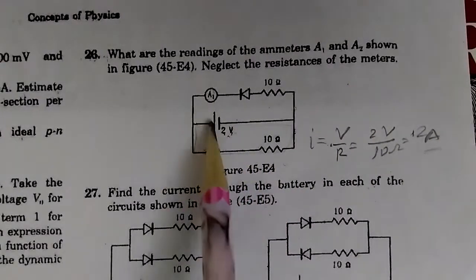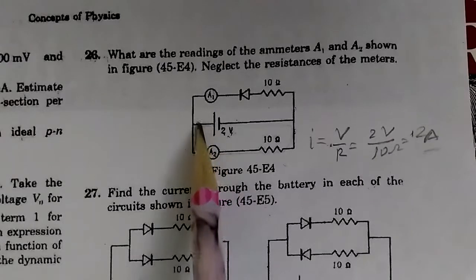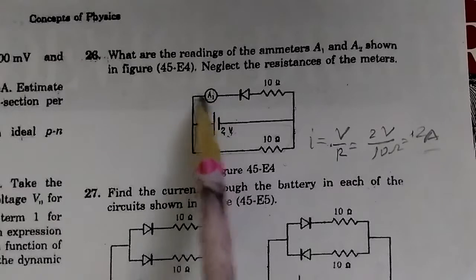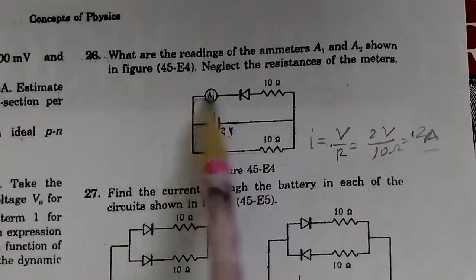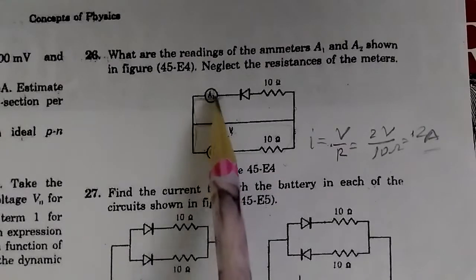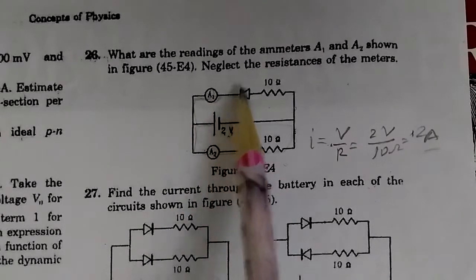Now this one, we have a positive voltage here and a negative voltage here. If you think that this ammeter can be assumed as a negligible resistance, then mentally short this. It just measures the current. So this one is going to be reverse bias.